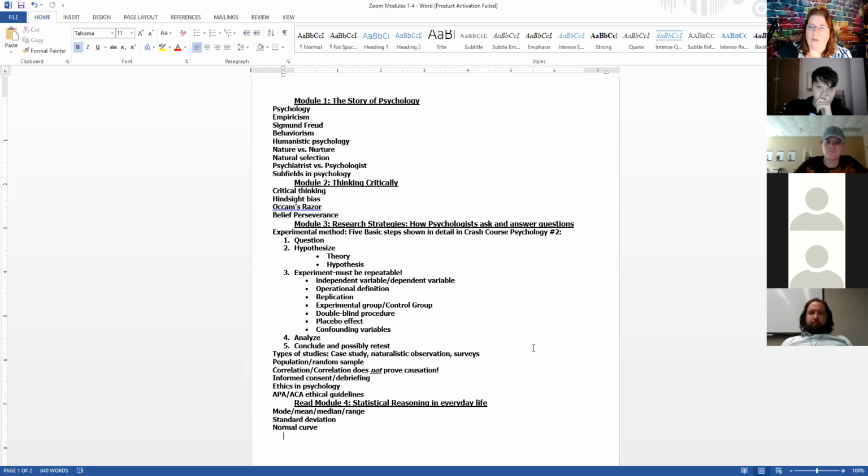You may want to retest, run the experiment again to get another set of data just to make sure that your results were due to the experimental variables or not. So that's also always an option, is to run the experiment again. But again, it needs to be replicable. So those are all parts of this experimental method.